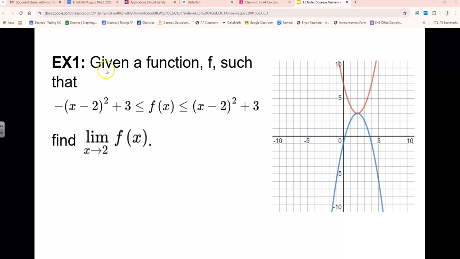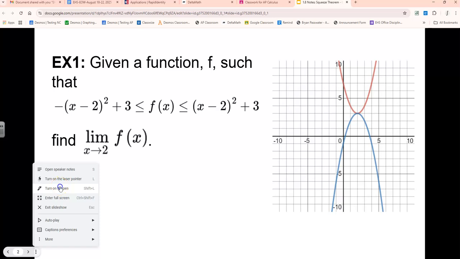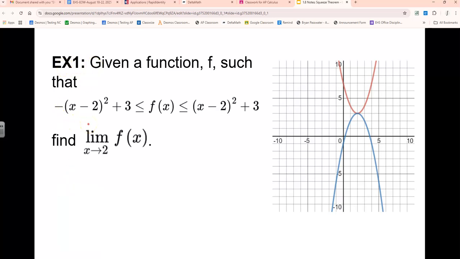So we are given a function, f, such that negative (x minus 2) squared plus 3. So this negative (x minus 2) squared plus 3, that is an equation right there. Which one of these parabolas is that going to be? The blue one or the red one? It's going to be red.